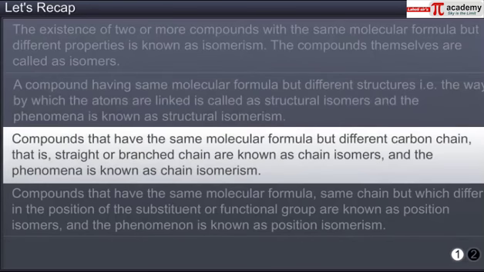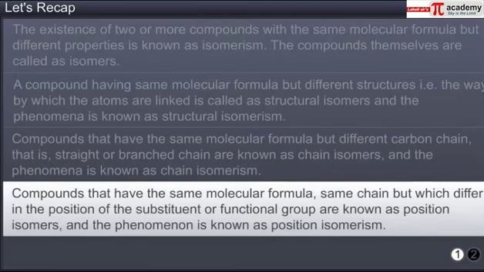Compounds that have the same molecular formula but different carbon chains, that is, straight or branched chain, are known as chain isomers, and the phenomenon is known as chain isomerism.